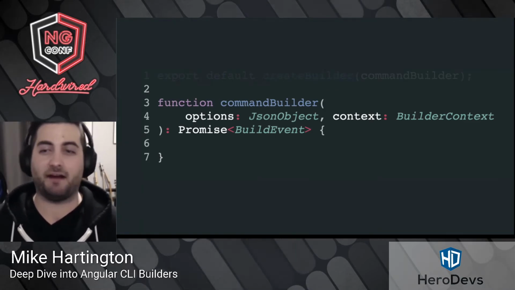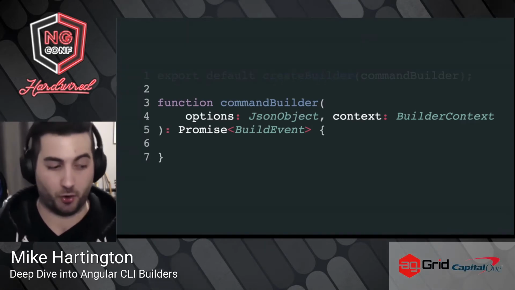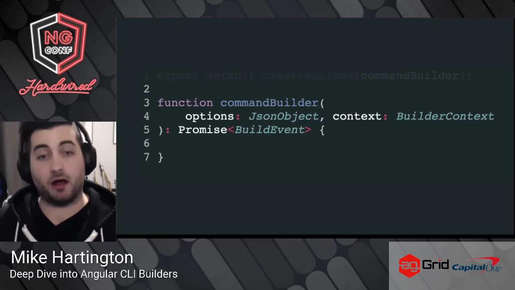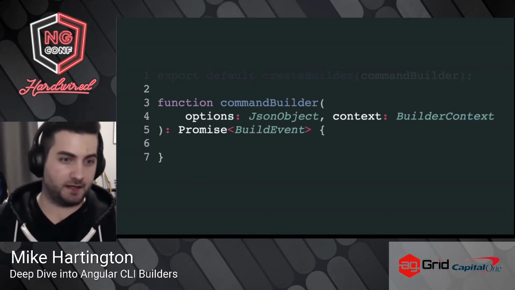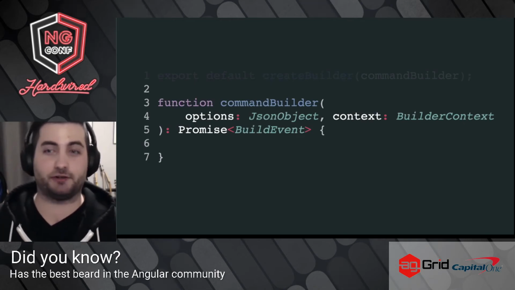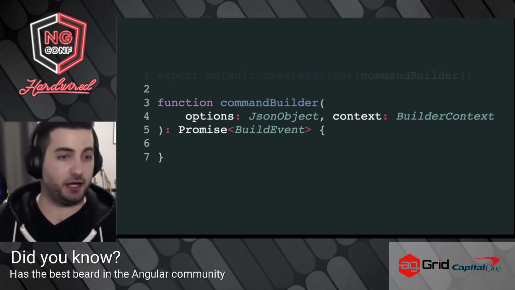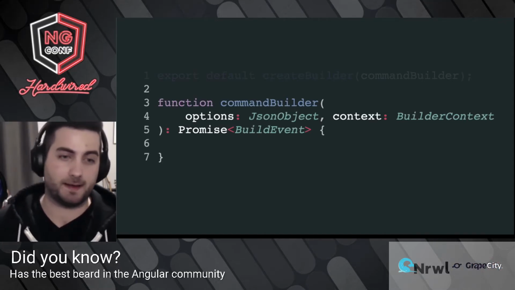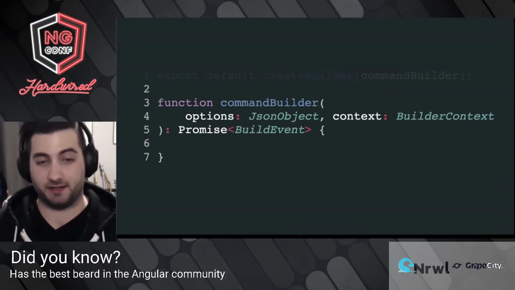This is all inherited from the CLI, so you should be able to get information like your workspace root, different builders that are also available to this particular project, and whatnot. Now, this is going to return a promise, but it's important to note that you don't actually need to return a promise. You could return an observable, or you could return a synchronous method. Doesn't really matter, but what matters is that we are returning a value of BuilderOutput.